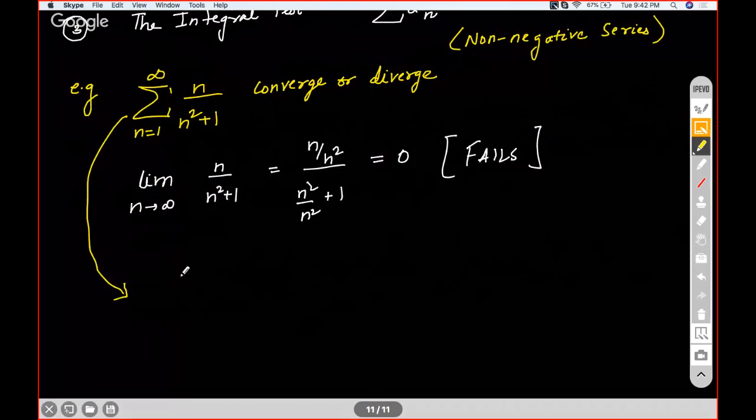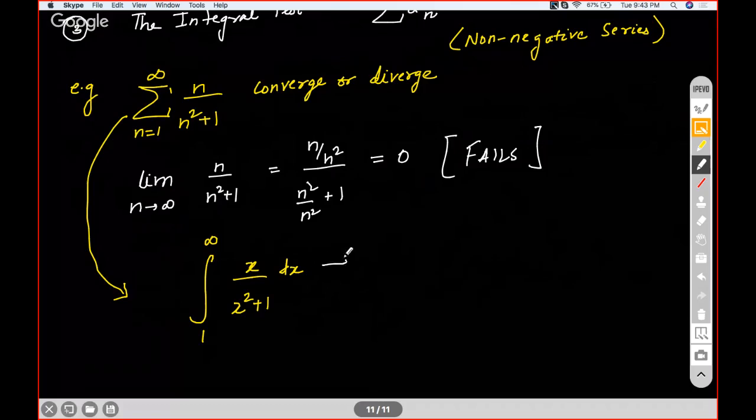What does the integral test do? It just converts n to x, puts a dx over here, and the limits become 1 to infinity. Simple as that. I skipped the geometric series test because it's not a geometric series for sure. Now, if this integral comes out to be a finite value, then only your series will converge.